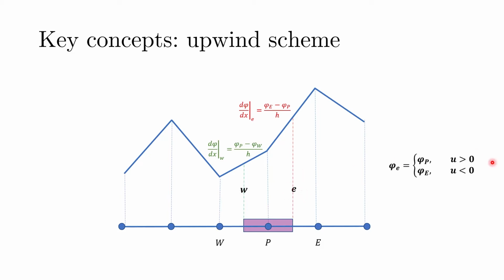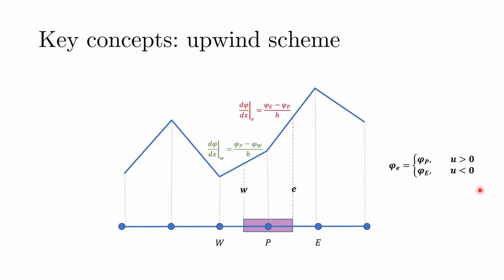We say that phi at small e would be phi at capital P. You can imagine that this is x equals 0, and this is x equals 1. We are saying that when the flow is from left to right, that is in the positive direction, phi at small e is the same as phi at capital P, the upwind or upstream point. That is the core of this upwind scheme.